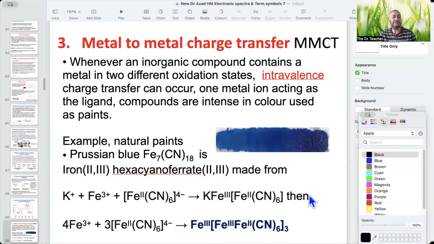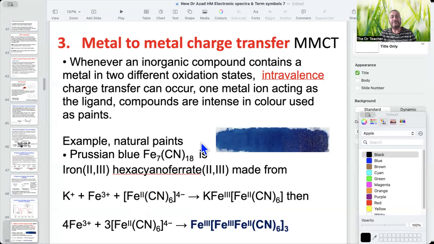In the formula, you can see there is a complex here and there is a counter ion here. The complex is hexacyanoiron 2, and outside is the potassium iron 3. So here between the iron 2 and iron 3, there will be a charge transfer.